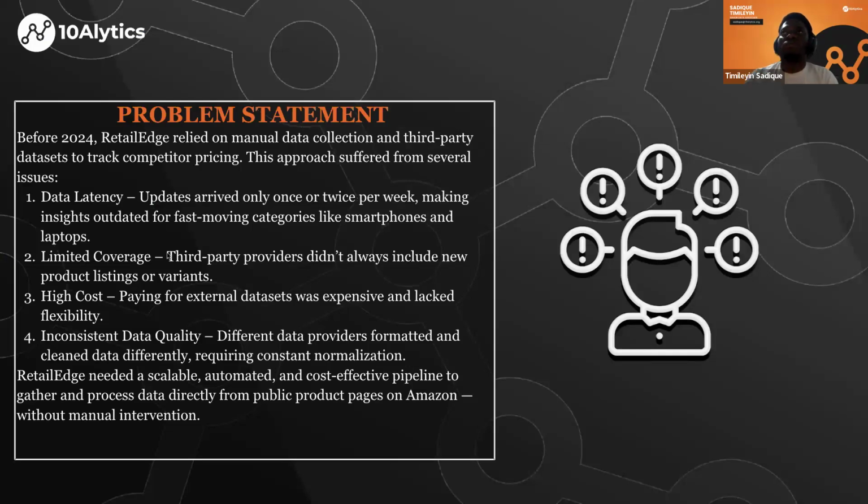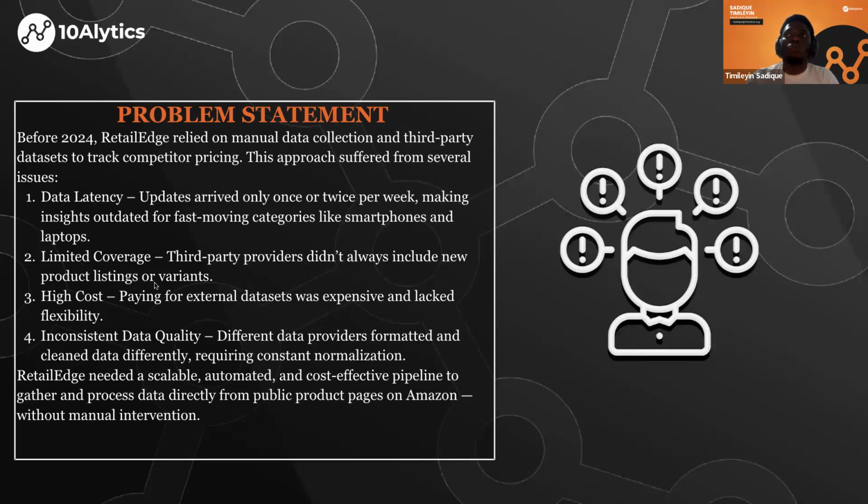So what is the problem statement? Before 2024, Retail Edge relied on manual data collection. So all their data were stored with manual processes. And then we have data latency: the updates arrive only once or twice per week, which is not good enough for a company that is trying to keep up with competitors. And then limited coverage.